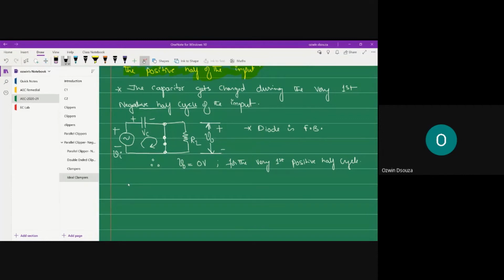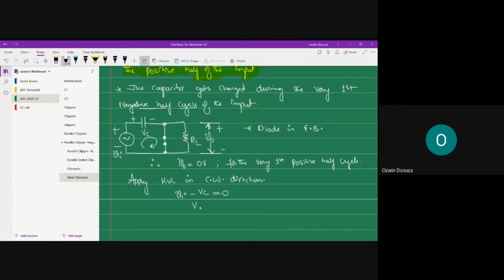Then you apply KVL in clockwise direction. So when you apply KVL in clockwise direction, what do you get? Negative to positive VI, positive to negative minus VC. And anyhow you know that voltage across RL is 0, so that is equal to 0 volts.